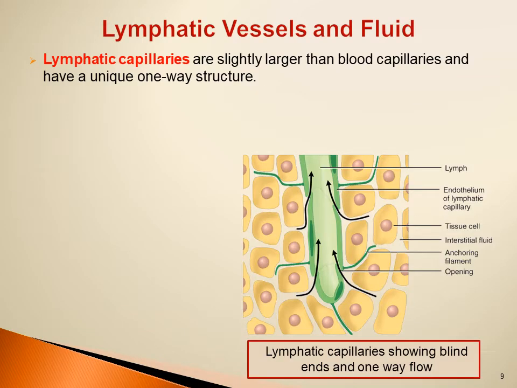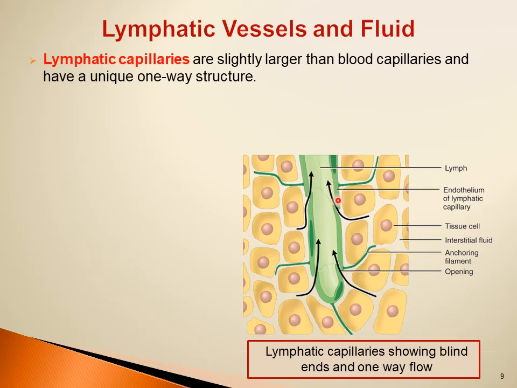The lymph capillaries are slightly larger than blood capillaries and have a unique one-way structure. As you can see here, the lymphatic capillaries have blind ends and they also have one-way flow. Here we have the interstitial cells, and this is the blind end of the lymphatic capillary that is lined by endothelial cells.